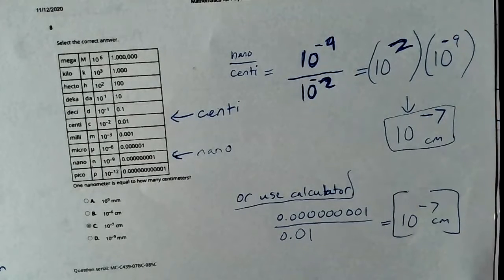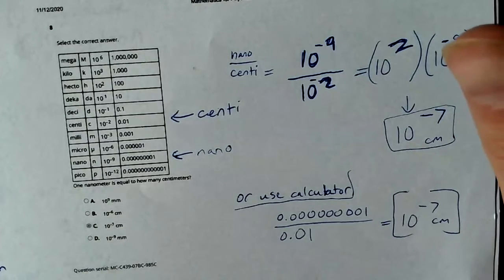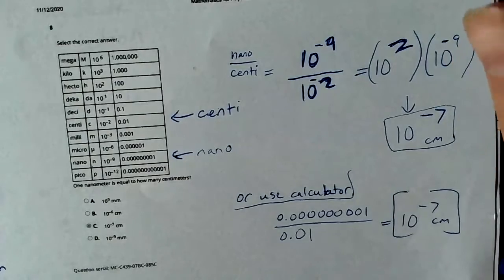Or you could also use a calculator and just put 10 to the negative 9 divided by 10 to the negative 2, or 0.000000001 divided by 0.01. Okay? And you'll also get 10 to the negative 7 centimeters.